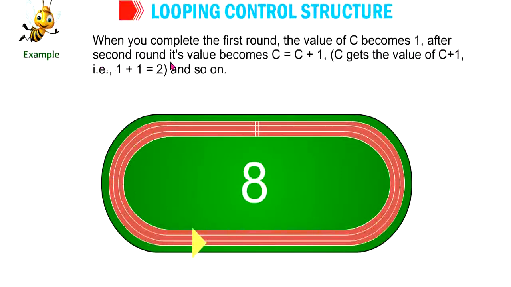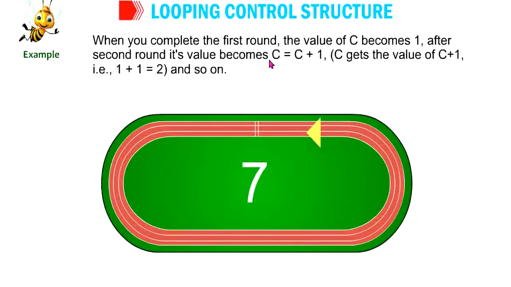After the second round, C is equal to C plus 1. Look here, C is equal to 1. Once you finish one round, C is equal to C plus 1, that is 1 plus 1, which is 2.